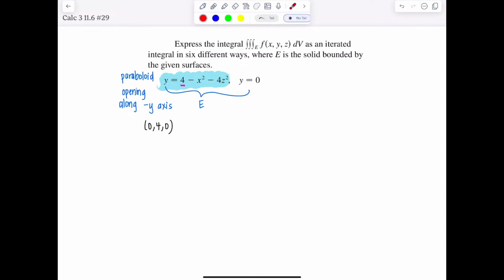I'm simply going to substitute in 0 for y, so 0 equals 4 minus x squared minus 4z squared, which means x squared plus 4z squared is 4. Hopefully you recognize this is an ellipse. Typically, we set them equal to 1, so I have x squared over 4 plus z squared equals 1. That's where the paraboloid intersects the xz plane, where y is equal to 0, and that's basically the base of the solid.